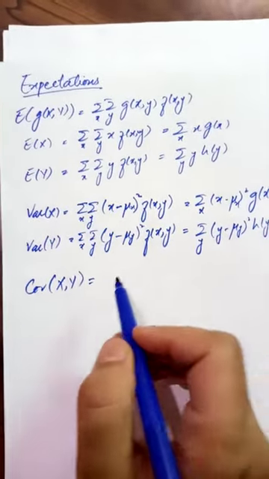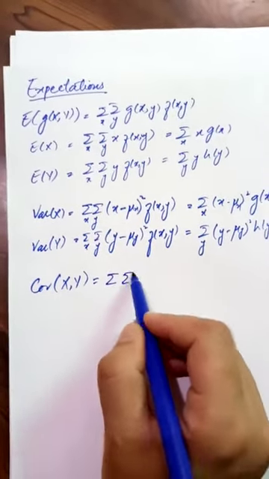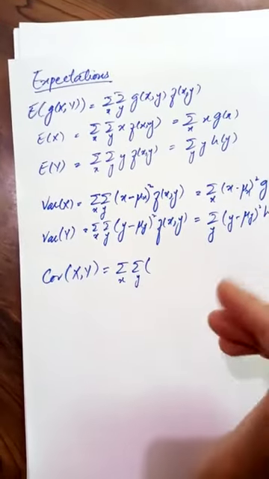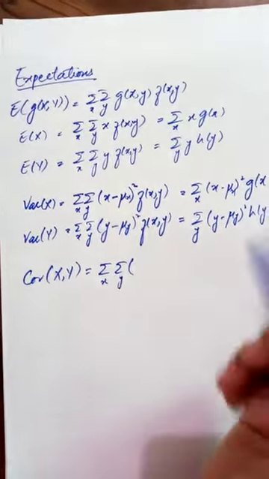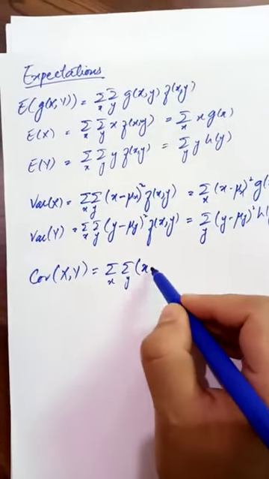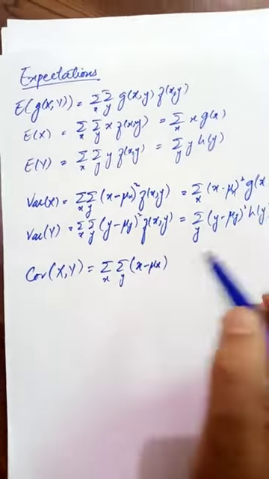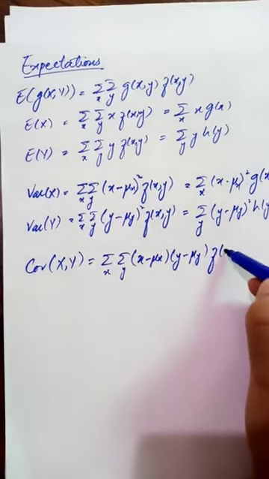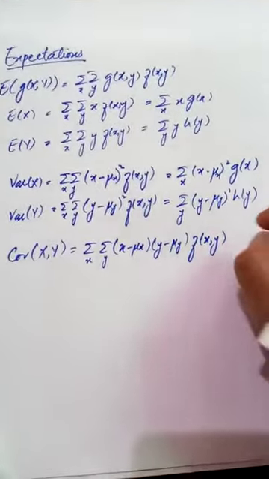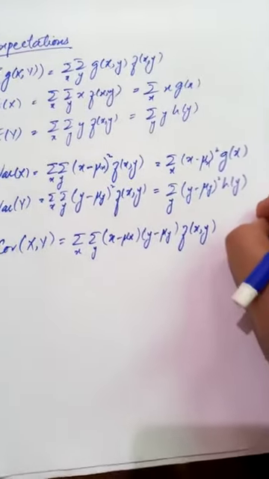Since we have a joint density, we have two summations, one for x, one for y. Now we want to compute the covariance of x and y, so we will replace g of xy by (x minus mu of x) times (y minus mu of y), the x part and the y part, multiplied by their joint density. So this is the covariance of x and y.